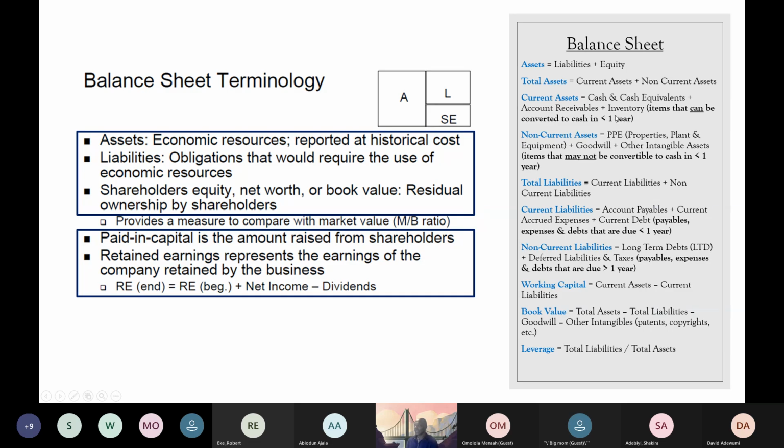And then things like inventory is also a current asset because you've already manufactured the product, you just haven't sold it. Now, that's an important thing to note when you're looking at an income statement. In as much as inventory is a current asset, when the inventory is too high, the company may not be able to convert all that inventory into cash in less than a year.